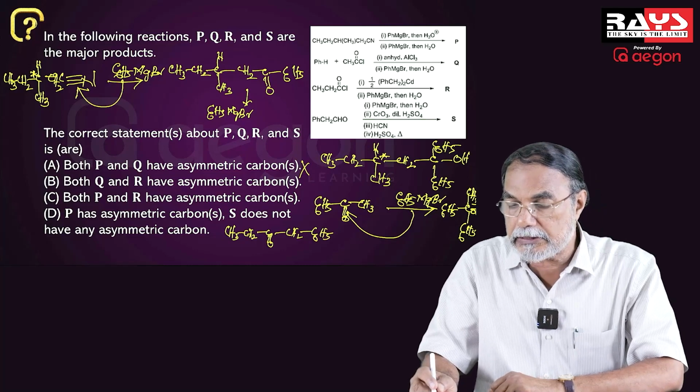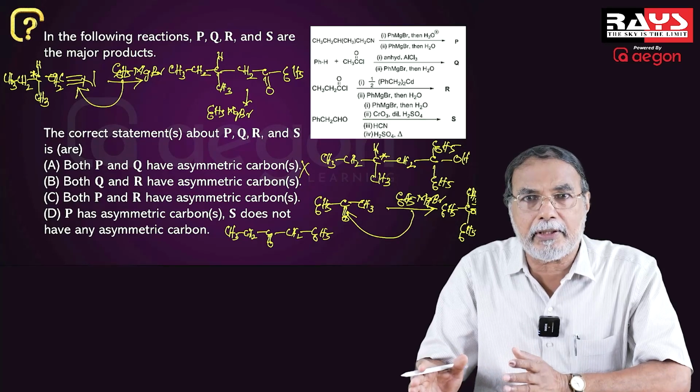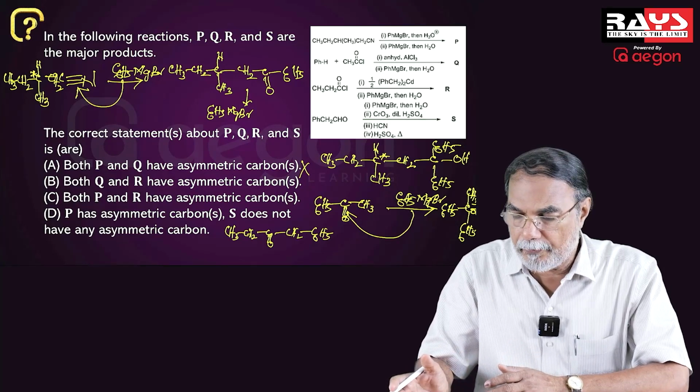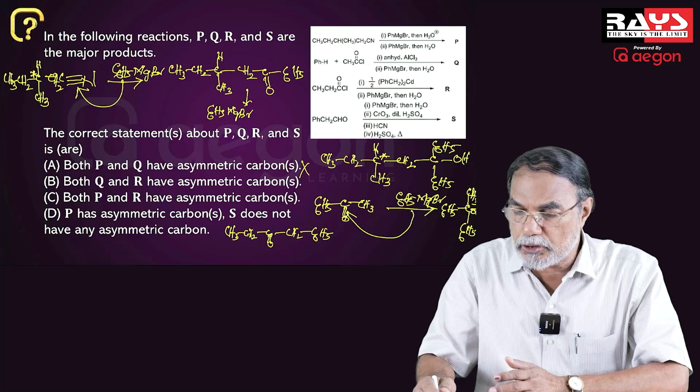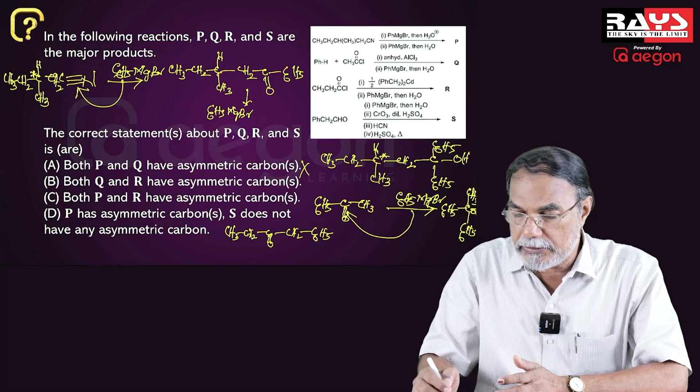So this is simple synthesis of ketone starting with an acid chloride and dialkyl cadmium. Okay? So the ketone that is obtained in reaction number 3 is CH3, CH2, CO, CH2, C6H5.